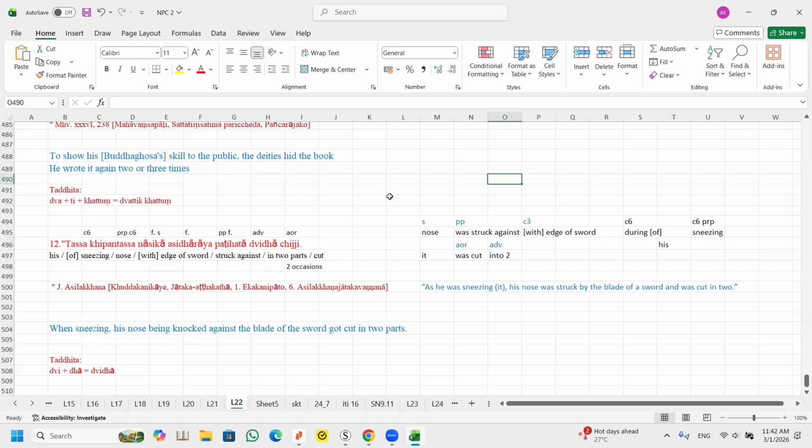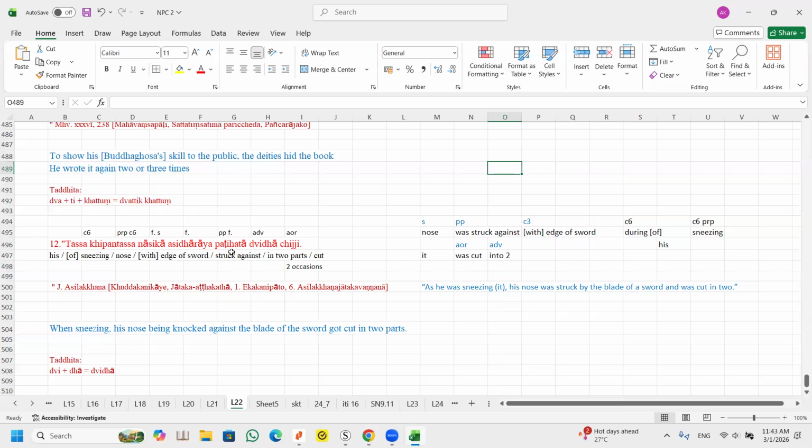Now, normally what we do is we take this one as a verb. His nose was started. Can you see, this is was started. All right, can you see here, this is ti plus dha, and dha is an adverb, that means in 2 parts, into 2 parts.